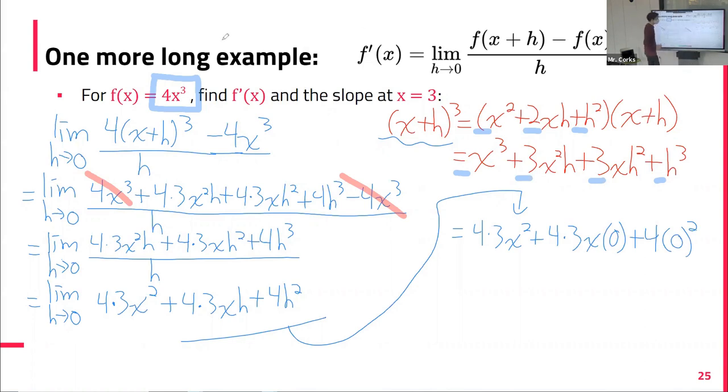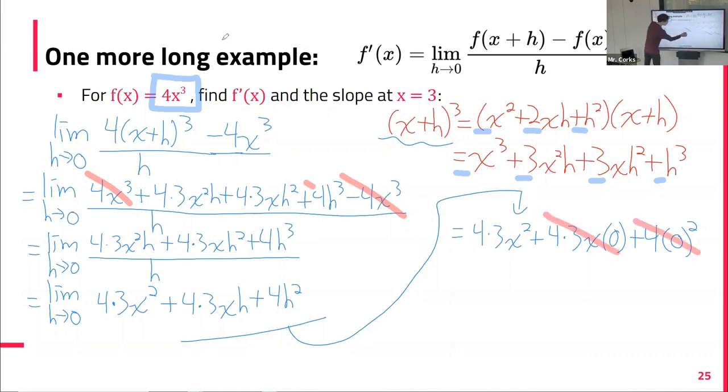Okay, so let's notice what's happening here. When we think back to this first sort of expanded step here, we had 1, 2, 3, 4, 5 terms on the top. 2 of them canceled out right away. Here, when we set our h value to 0, that thing's gone and that thing's gone.